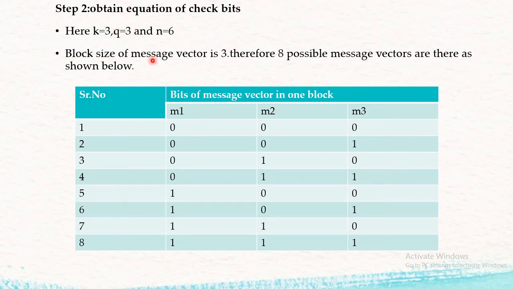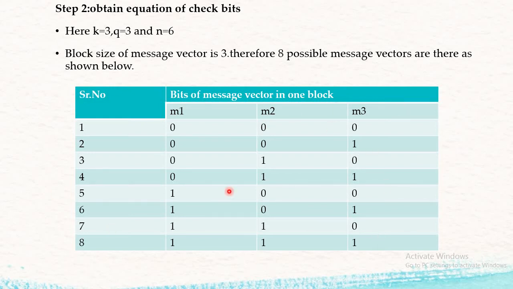For this, the first task is to find all the message bits. As the size of the message is k equal to 3, we have 8 possible message vectors as given below. For k equal to 3, all these are my message vectors starting from 000, 001, 010 up to 111. So your first task is to draw the message vector table.